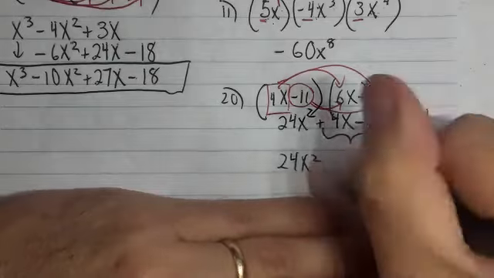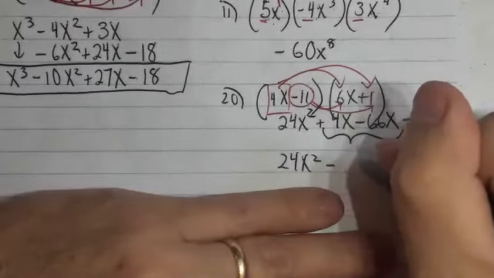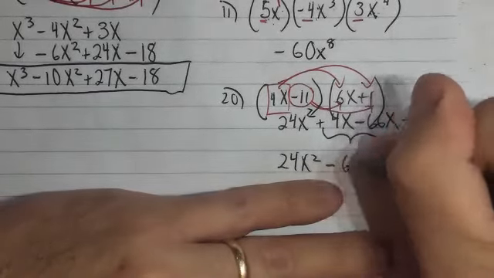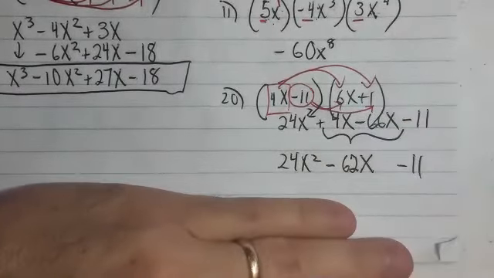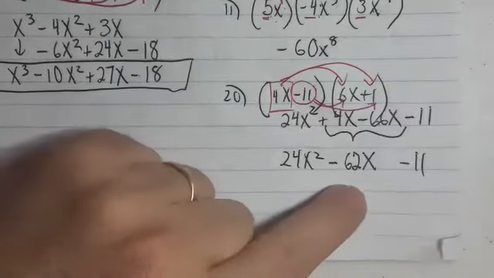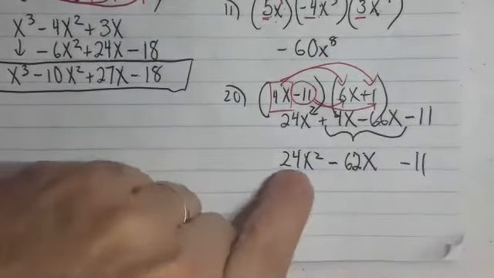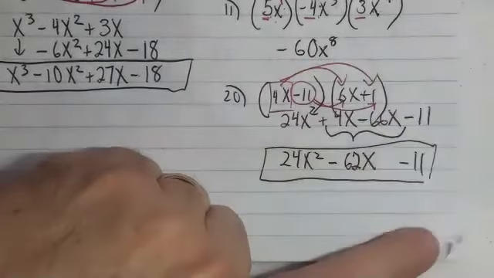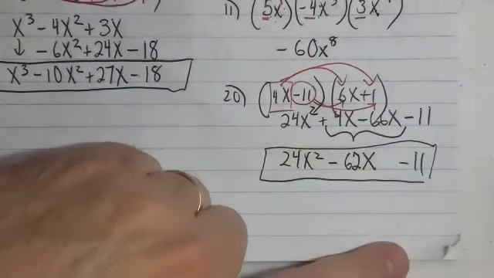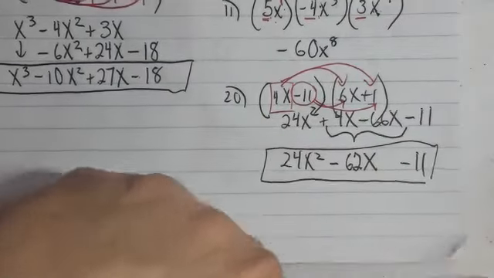Yep. Okay, so a negative 62x. Again, check that we can't combine any terms anymore. And once you do that, you are done.